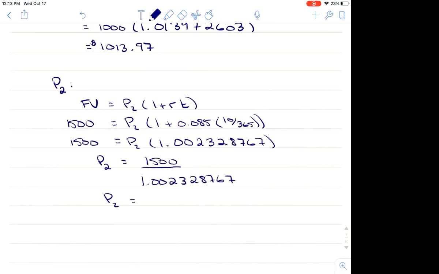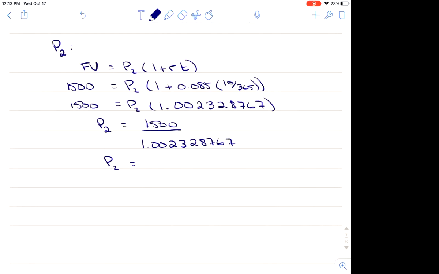P2 is 1,496.51. Doesn't matter which way you slice or dice it. As long as you show your work and you get the same answer, then you did it.